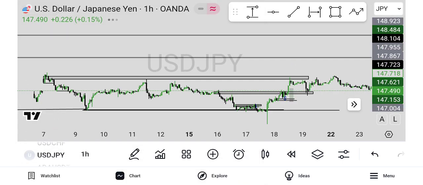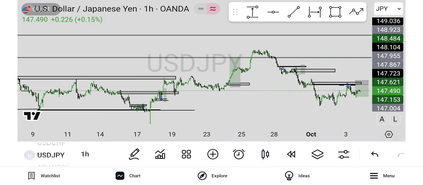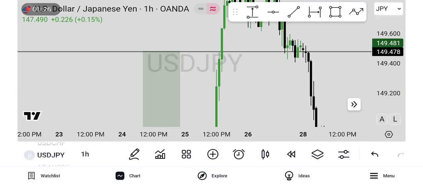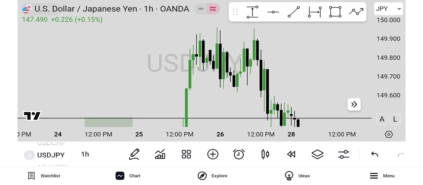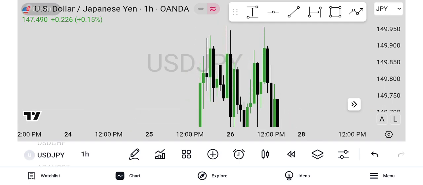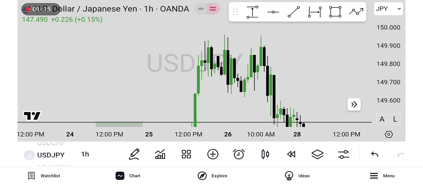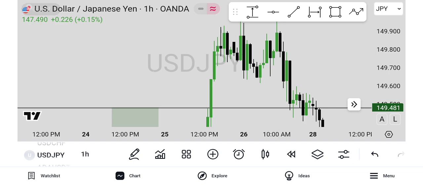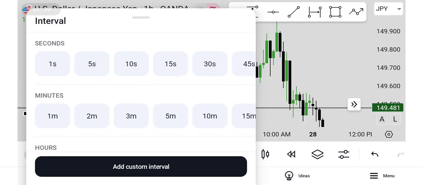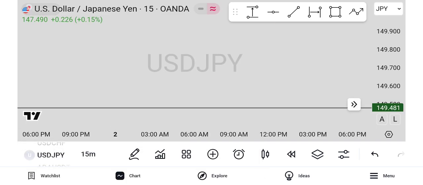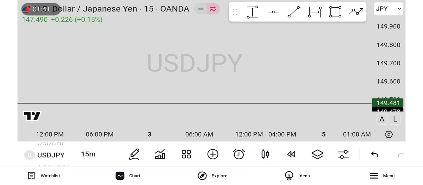Let's check from the 1 hour time frame. From the 1 hour time frame, and from here you can look for entry for a short, or if your entry or your setup is not clearly seen on this time frame, you go down to a lower time frame.